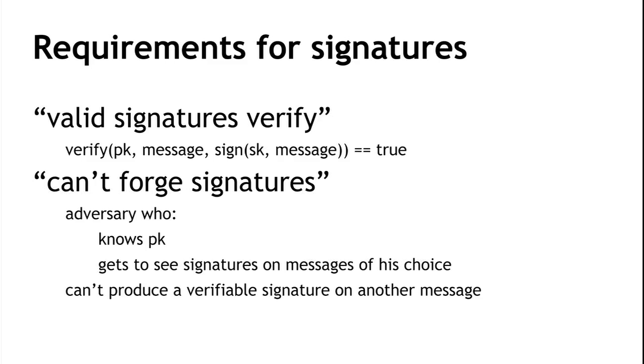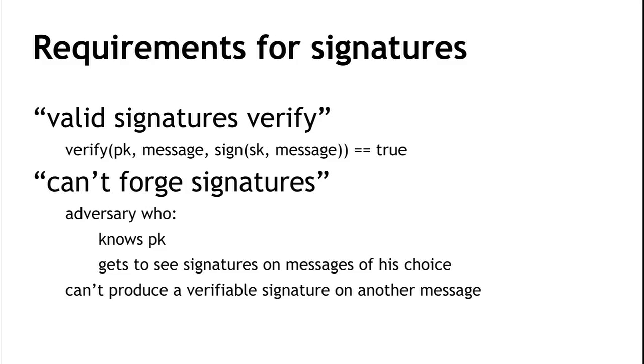Okay, so the requirements for the signatures at a slightly more technical level are the following two requirements. First of all, that valid signatures will verify. If a signature is valid, that is, if I sign a message with SK, with my secret key, and someone then later tries to validate that using my public key and the same message, that will validate correctly.